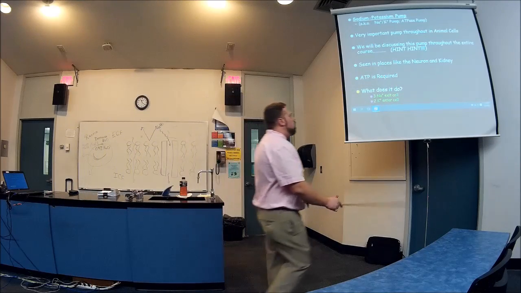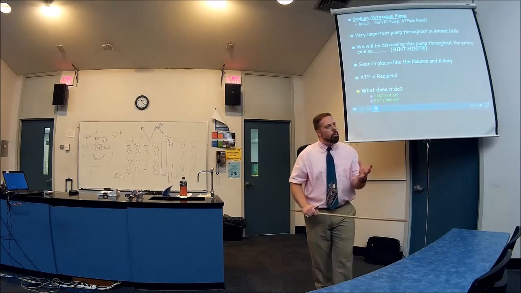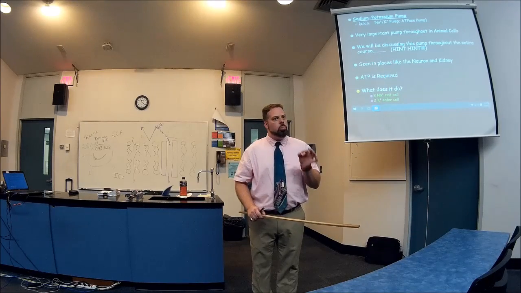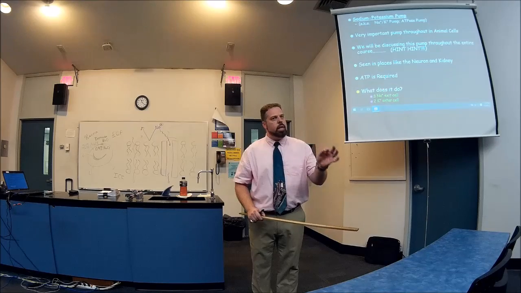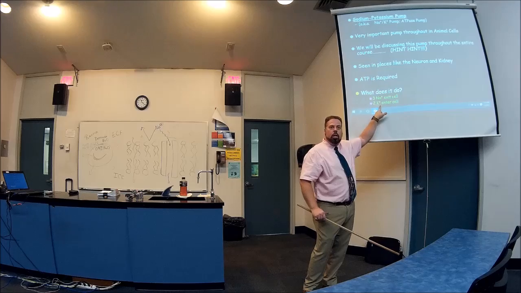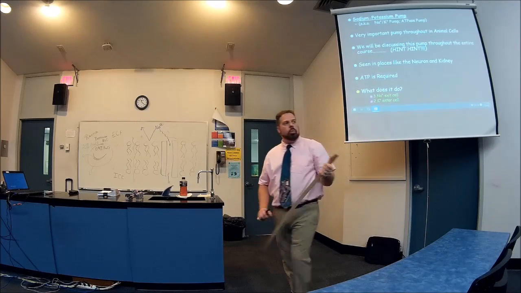The way it works is that 3 sodium go out of the cell and 2 potassium go into the cell. Remember, it's going against the gradient. There's more potassium inside than there is outside, but this is going to go against the gradient from a low concentration to a high. And you should know the 3 and 2.